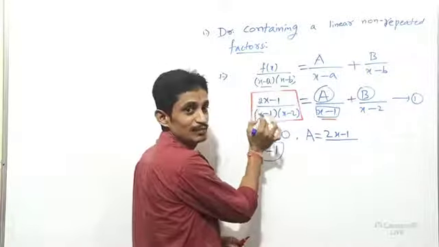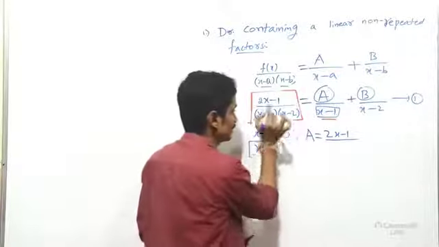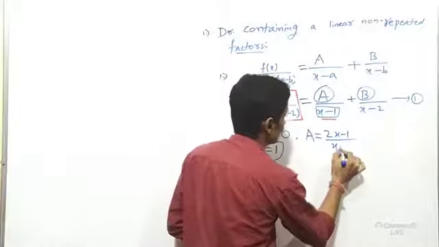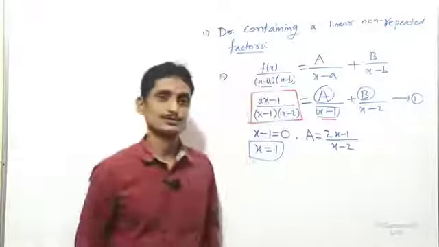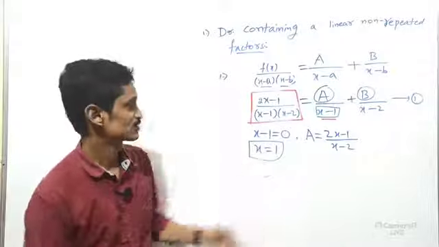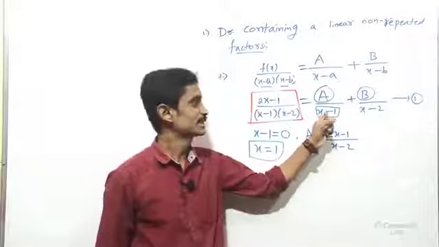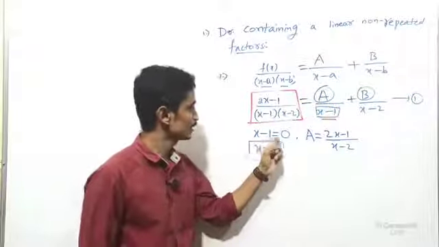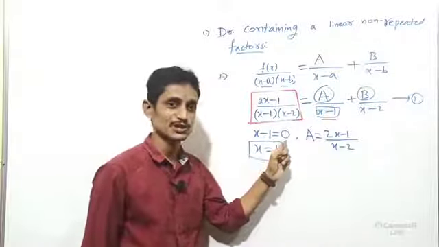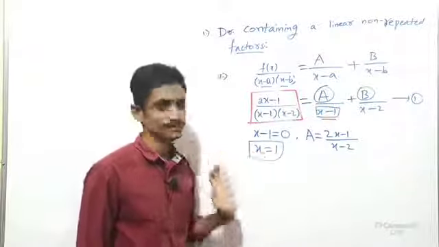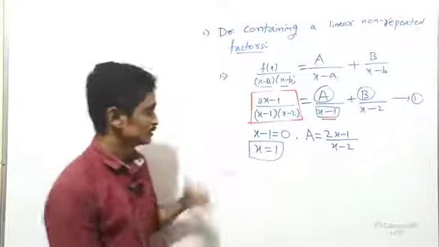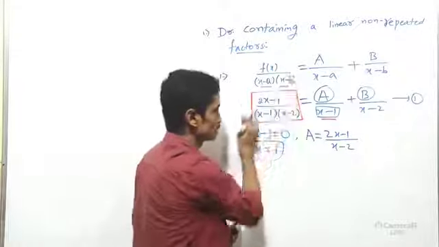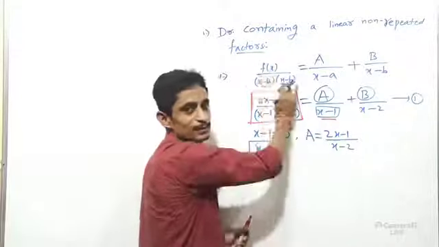Don't take x minus 1; excepting x minus 1, that will be x minus 2. Got it? Once again I suggest, first you take the denominator equal to 0 as an assumption, then you will get the value of x. This is the first step.